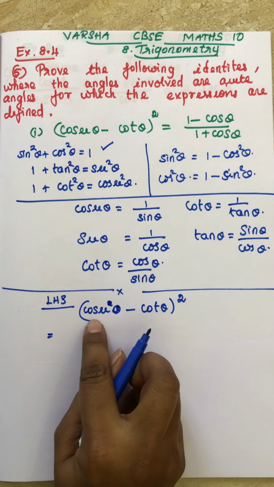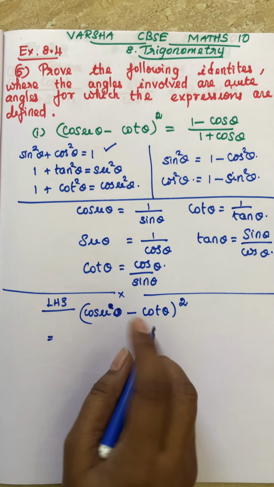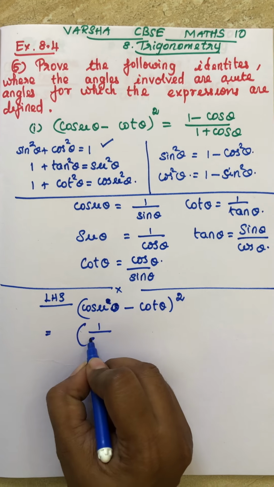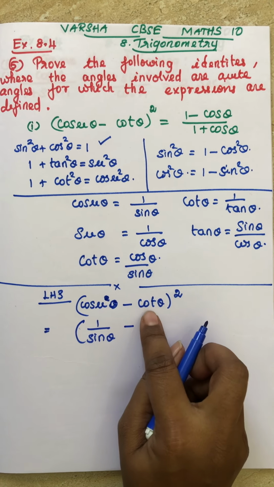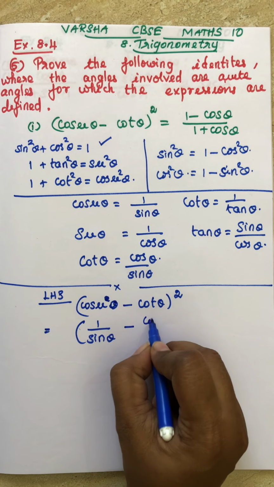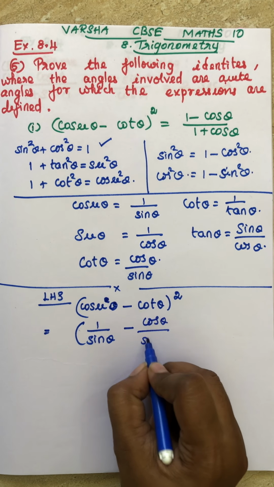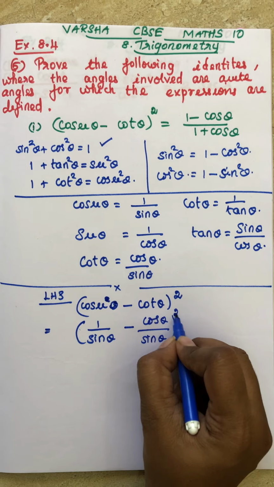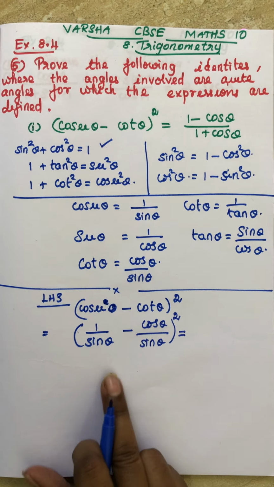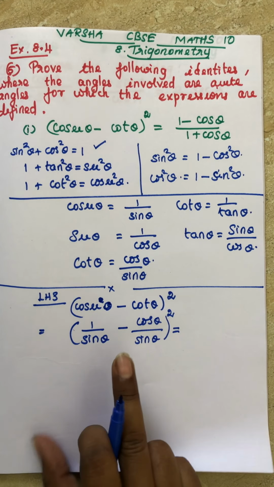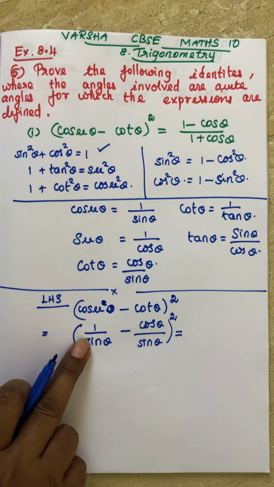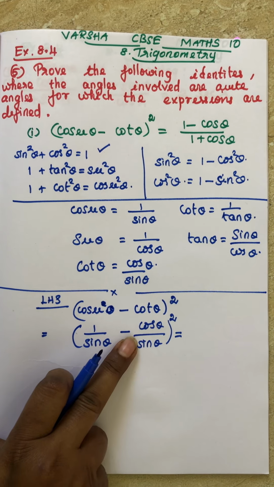Cosecant is the reciprocal of sine, so I am going to substitute 1 by sine, minus cot, which can be written as cos by sine. So this is 1 by sine minus cos by sine, the whole square. Do you understand this step, students? You have replaced cosecant with 1 by sine, and cot with cos by sine.